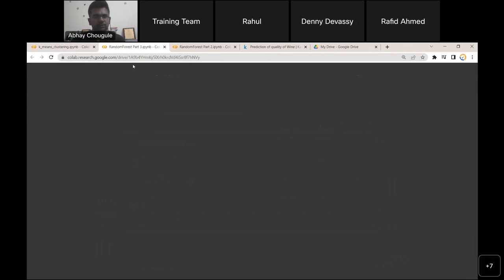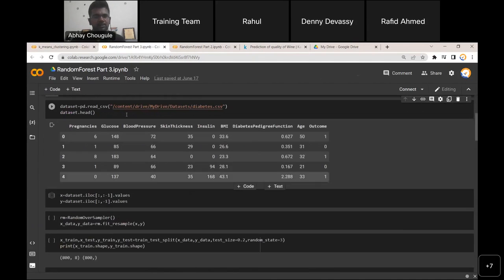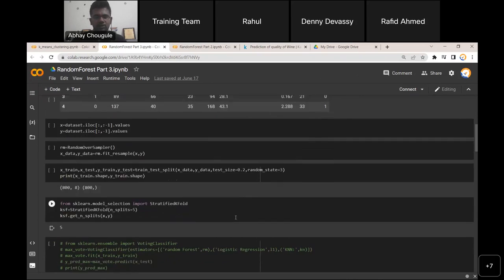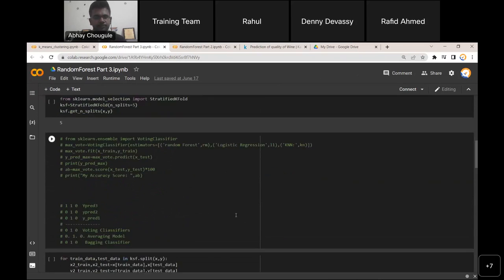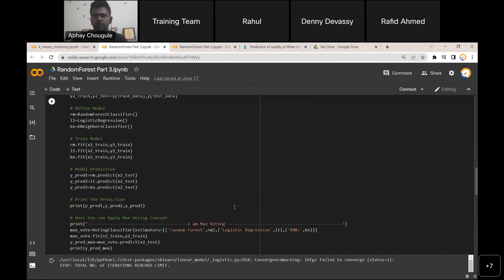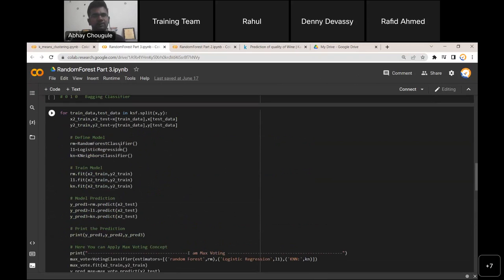But I'll show you one thing. This is the file I shared, random forest part 3. I think you have seen it, and yesterday I also updated it. See, random forest classifier, logistic, and k-nearest neighbors. Is it possible to pass naive Bayes here as well?